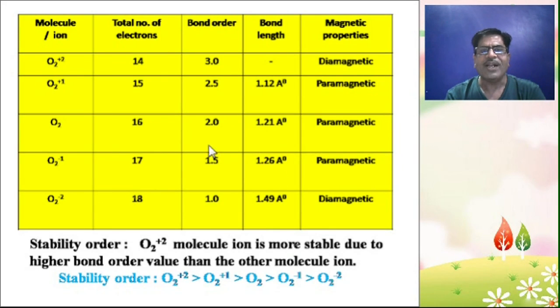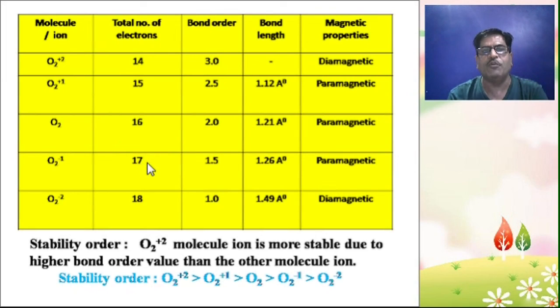Now what is the stability order? Here the molecular ions are O2 plus 2, O2 plus 1, O2, O2 minus 1 and O2 minus 2. Total number of electrons: how many in O2? Z is equal to 8, so 8 into 2 is 16. Here 1 electron is less, so 15. 2 electrons are less, so 14 electrons.